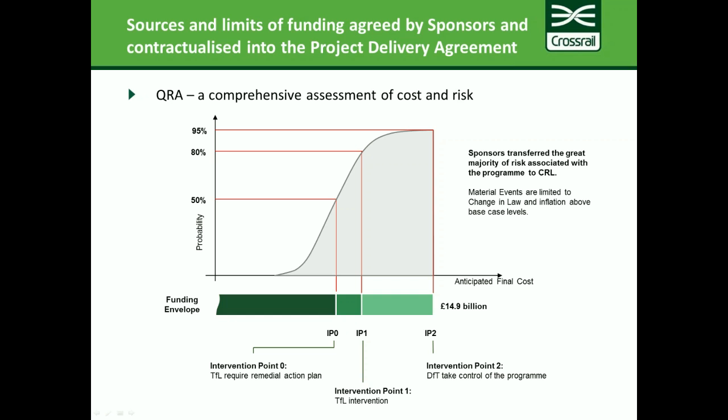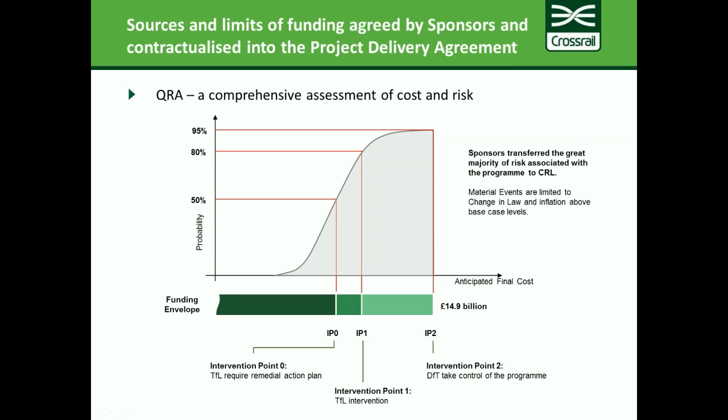They give sponsors an early warning and a way of measuring the risk that the likely outturn may increase. And so there were three intervention points, which, as I say, were put into the contract that we have with our sponsors, which for me really gave a strong basis for implementing risk management into our organisation in order to support and protect the project cost.